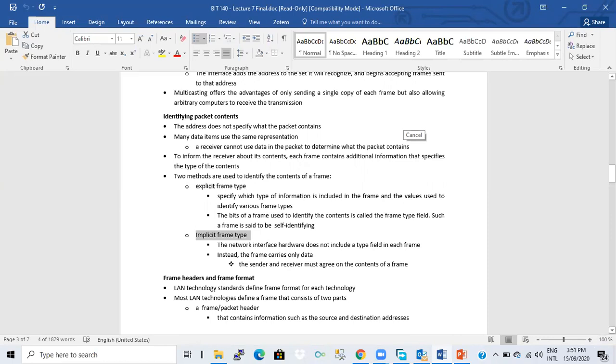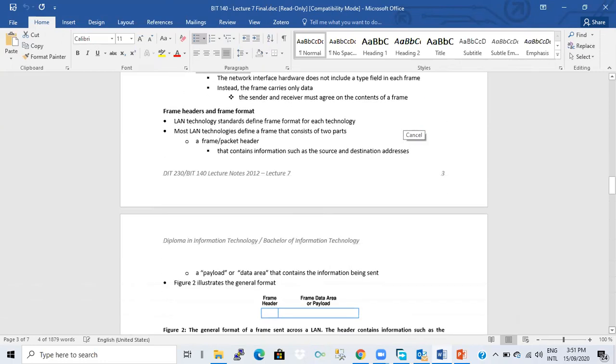Let's move forward and look at frame headers as well as frame formats. Each LAN technology, let's say Ethernet or wireless, defines its own frame type. Most LAN technologies define a frame type that consists of two parts: a frame header, which contains information such as source and destination addresses, and a payload or data area that contains the information being sent.